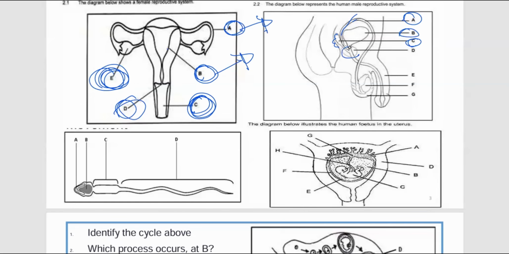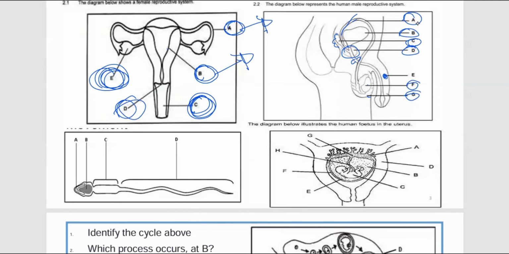And then this one looks to be the prostate gland. They didn't put the Cowper's gland, which is supposed to be there. But then this one is a penis. And then this one is the testis. And then this one is the scrotum.